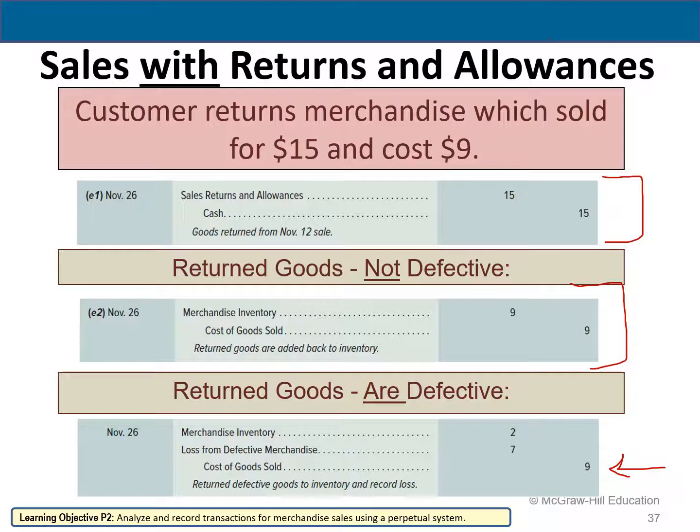I think the assumption they're making is that not all of the goods were defective, only some of them were defective. That's why you've got the debit to merchandise inventory for $2 and the loss from defective merchandise for $7. It's not very clear though. If they were all assumed to be defective, you wouldn't have this line here, and this would just be $9. Okay.